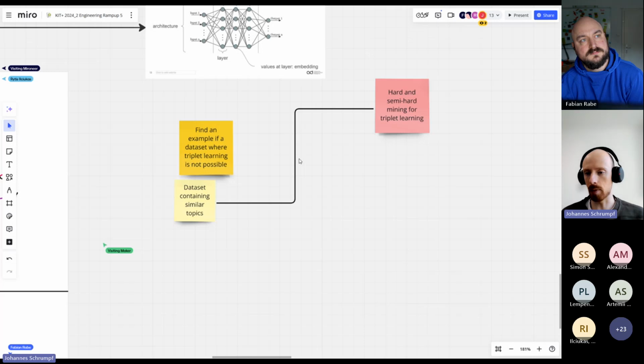For example, if you're in this legal domain, you could download a data set about, for example, natural sciences or something like this, and then you could use them as negatives.